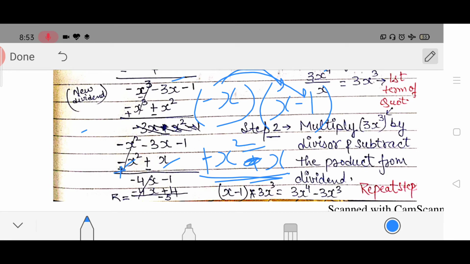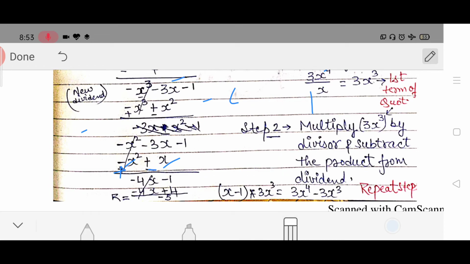That is mentioned here also. Now you just subtract the values, x square will cancel out. Now minus 3x minus x will be minus 4x. Now what we have been left with is minus 1.